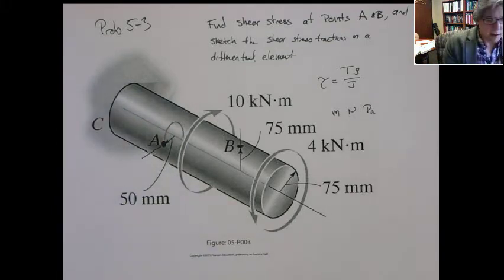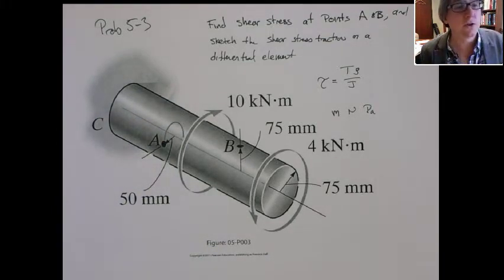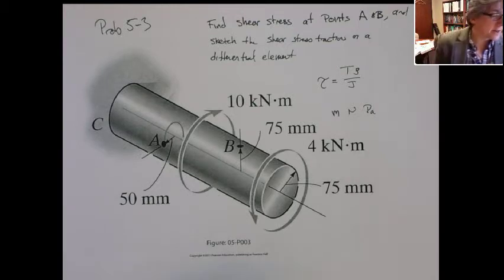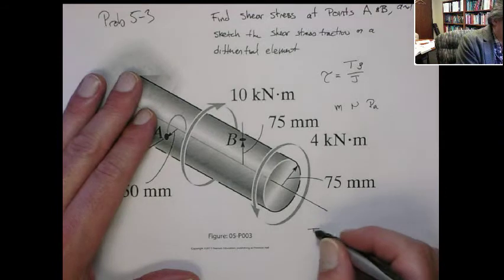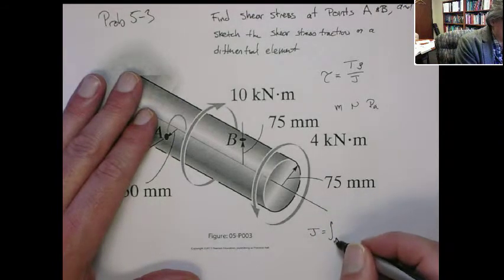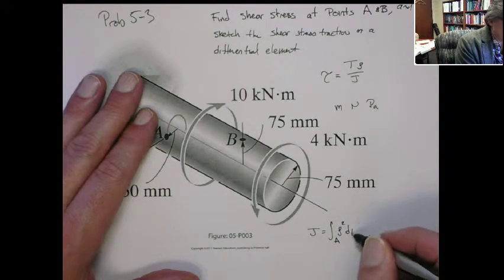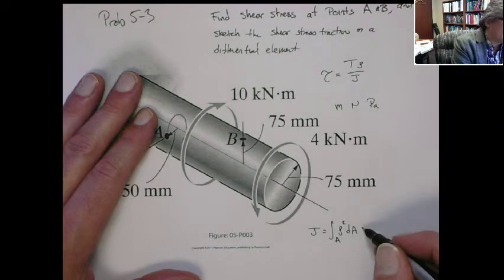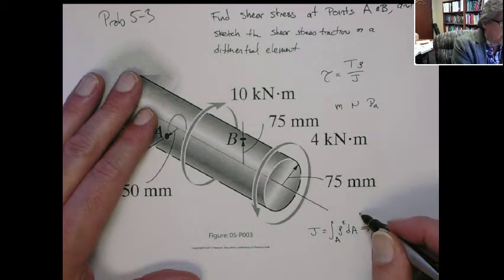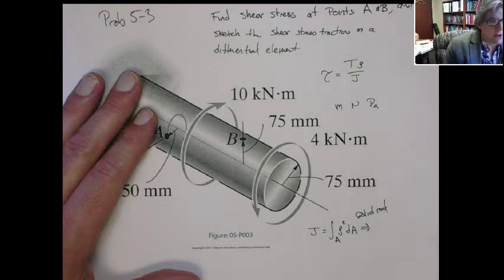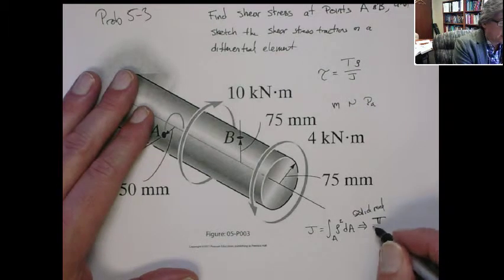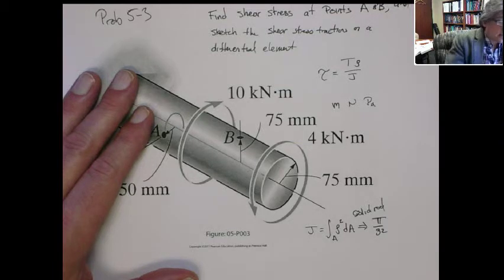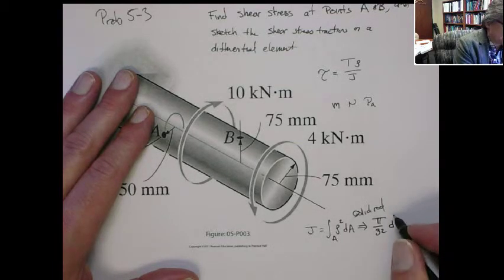Now, in the course of these lectures I haven't really derived this yet, but, well, I did derive this. We know that J, by definition, is the integral over the area of rho squared dA. That came from the initial derivation. I'll have another video following up on this where I talk a little more about J. But one that you really should memorize is for a solid rod: J is pi over 32 times the outer diameter d to the fourth.